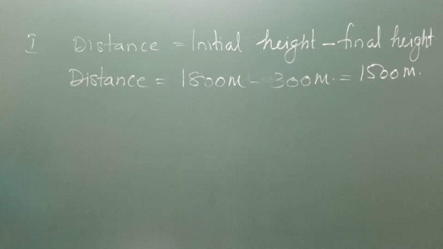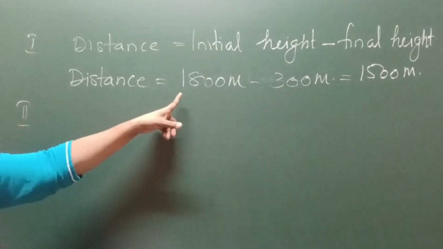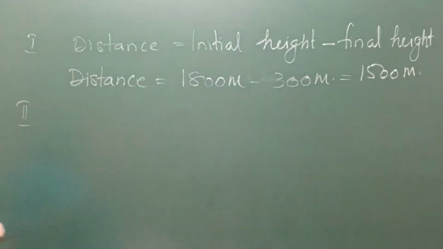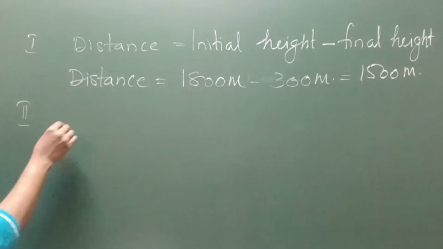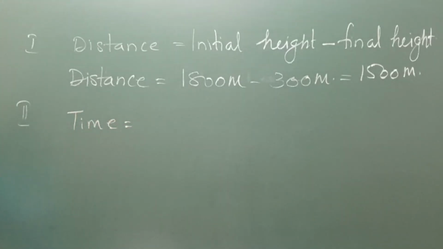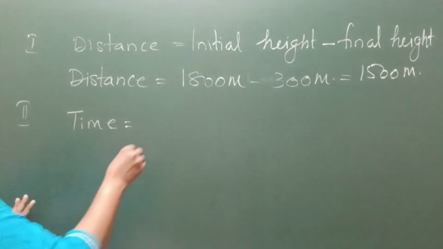Now the second step is to find the time required to travel from this height to this height. Time is equal to distance upon rate.